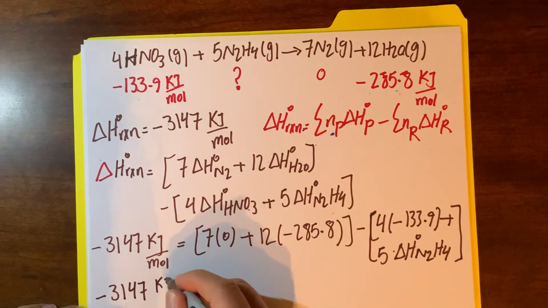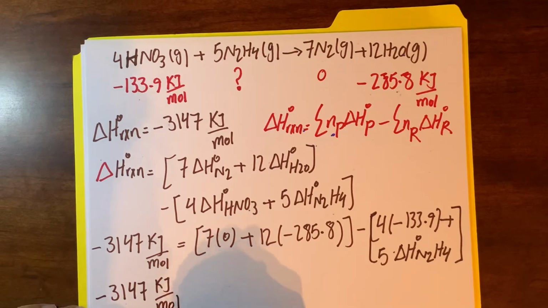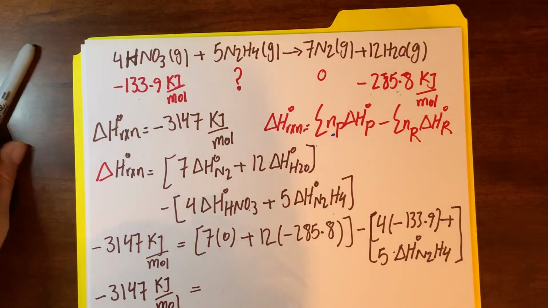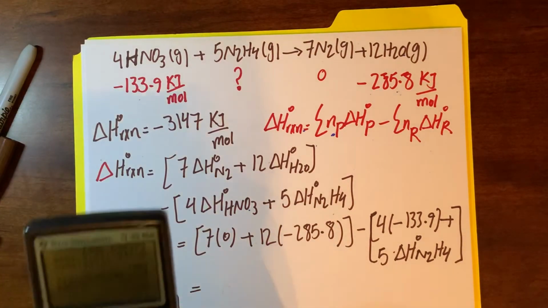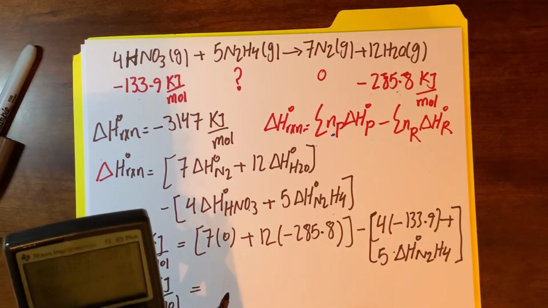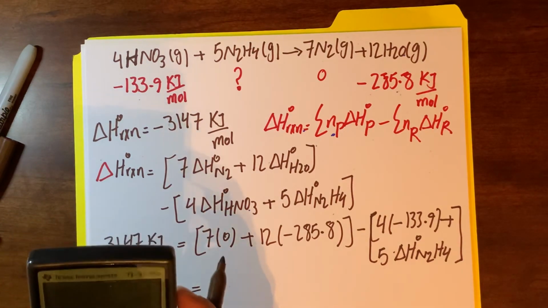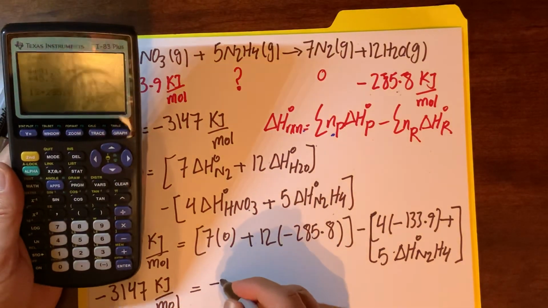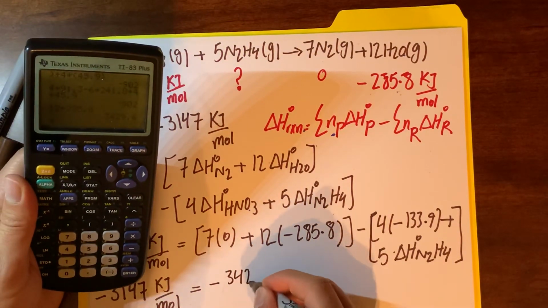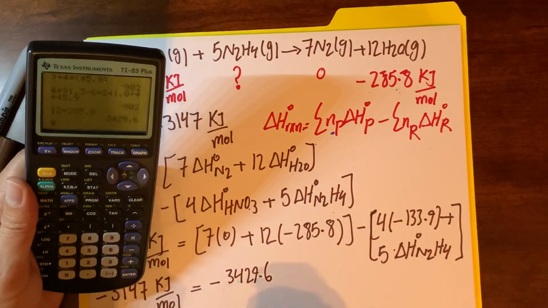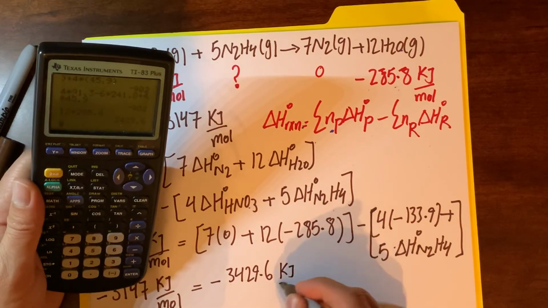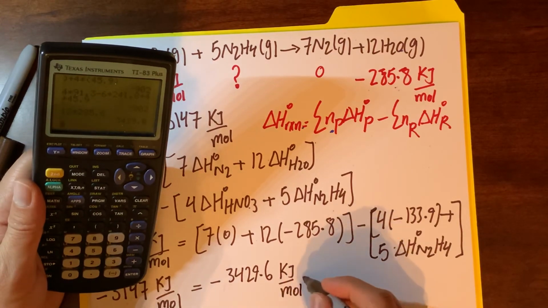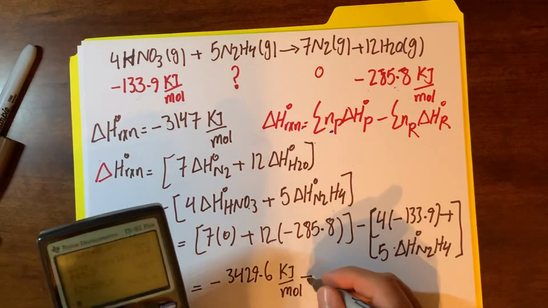Okay. So I get minus 3147 kilojoule over mole equal to, first one, it's going to give me 12 multiplied by 285.8, sorry. This is going to be minus 3429.6 kilojoule over mole. Then we get minus to be plus.